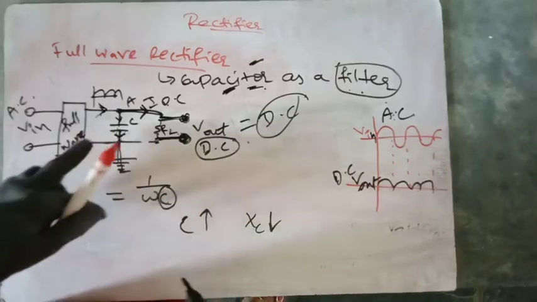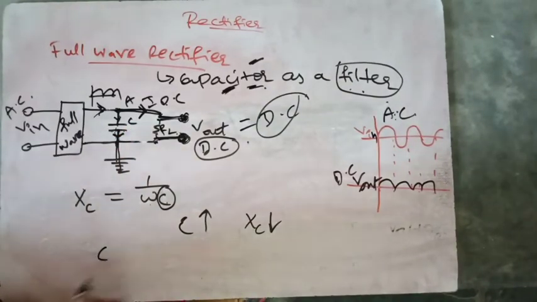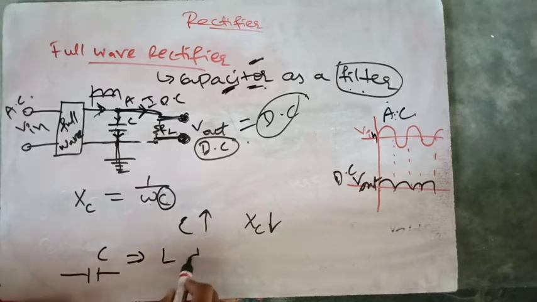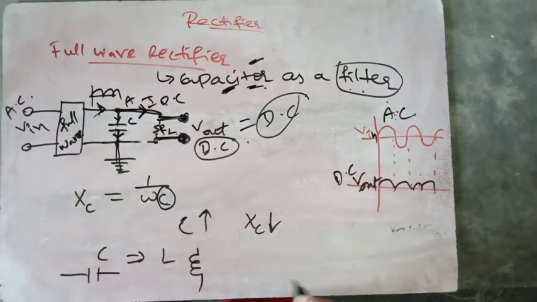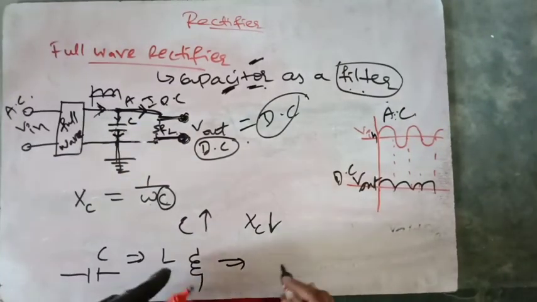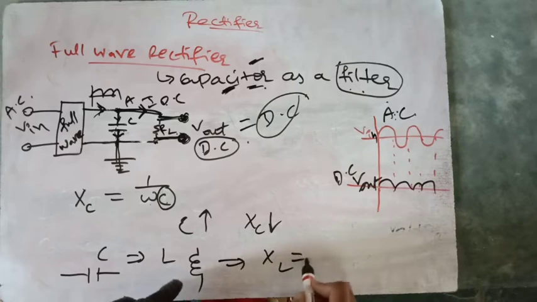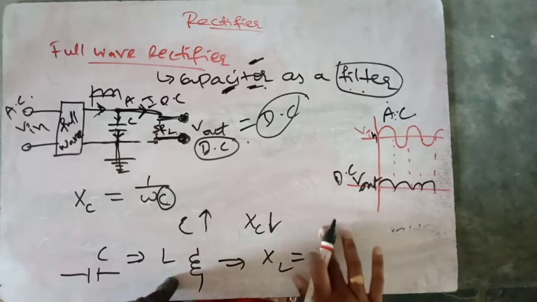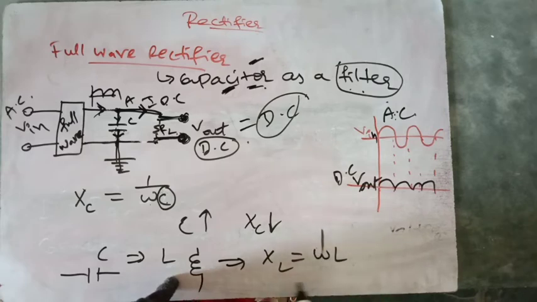If in place of this capacitor you want to take an inductor, the symbol of the capacitor is this, and the symbol of the inductor is this. If you take an inductor in place of this capacitor, what happens? The inductive reactance XL is equal to omega into L. That is, XL is directly proportional to L, the inductance.